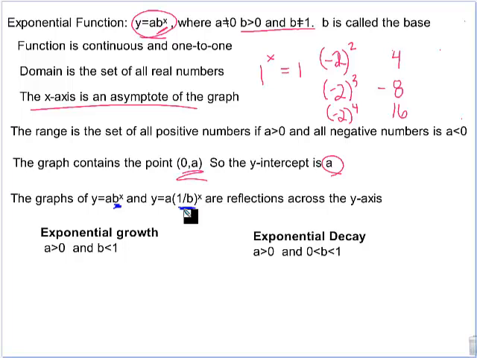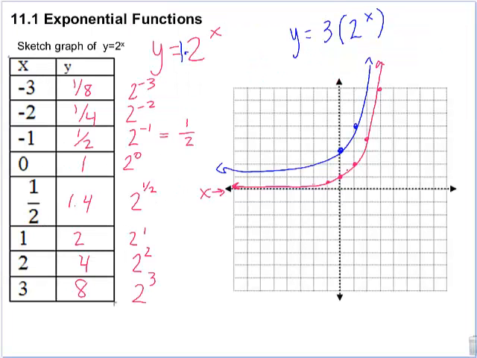So if you imagine going to the y-axis, if you reflected it, that would be a reflection across the y-axis. So this graph would be like 1/2 to the x. This would be reflected across it. Okay.